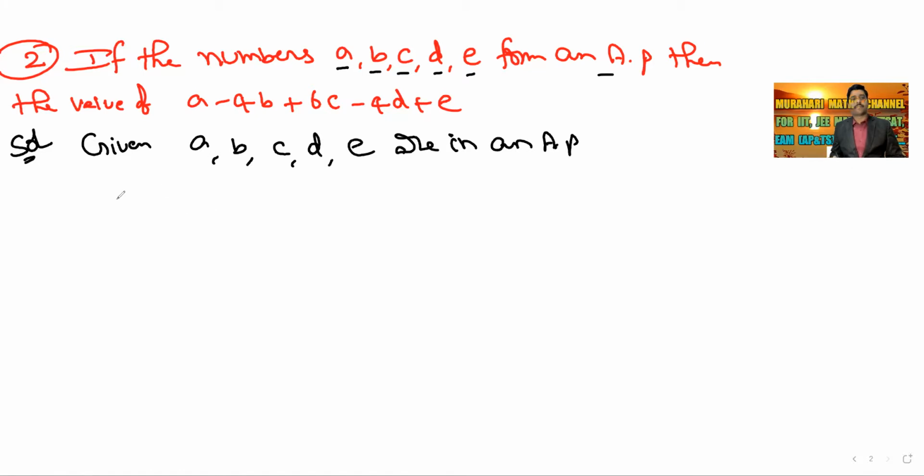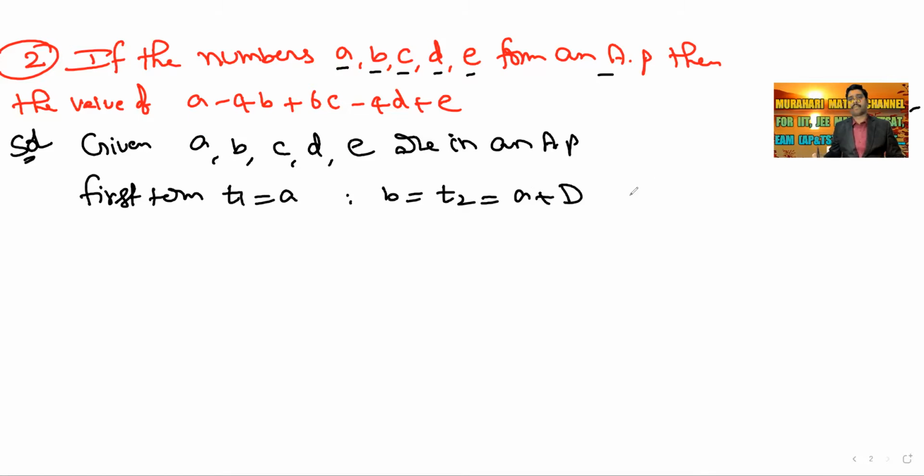In this, the first term T1 is equal to A. B is the second term, T2 is equal to A plus common difference.